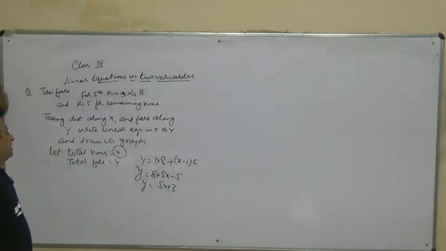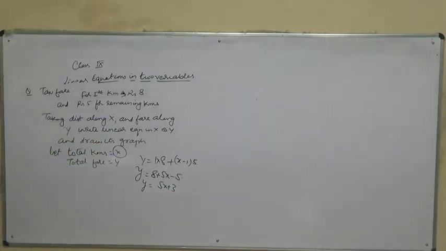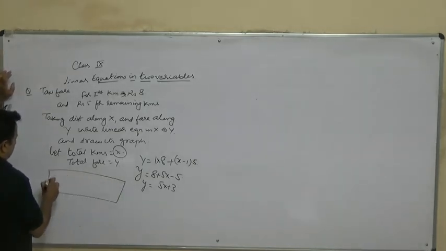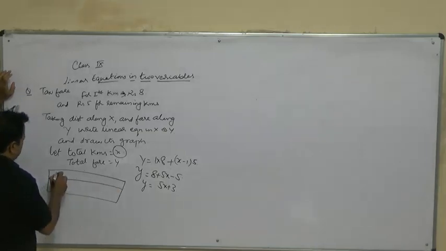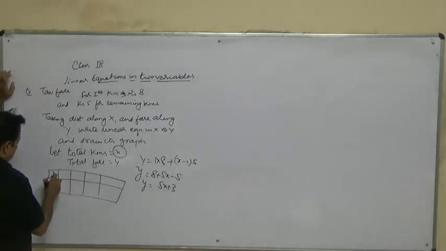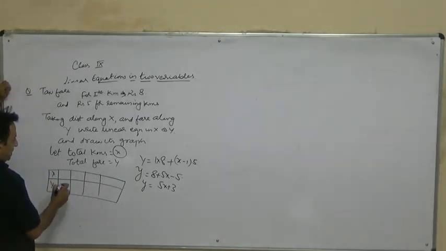So this will be the linear equation and we can generate the graph for this. First of all we will draw the figure for this, means plot the points x and y. When x is 1, y is 8.